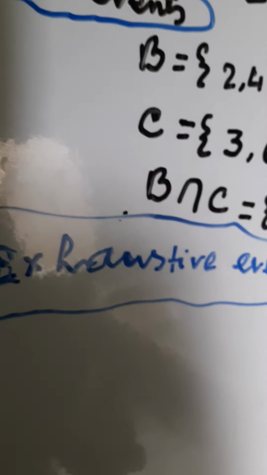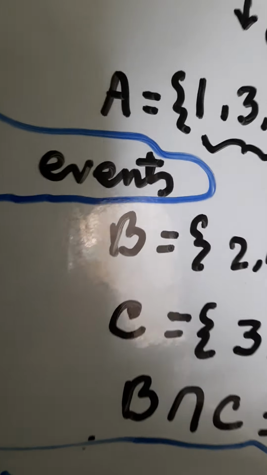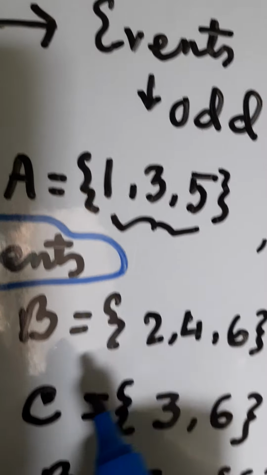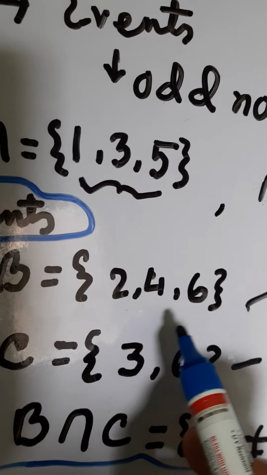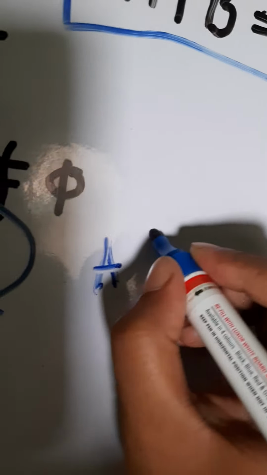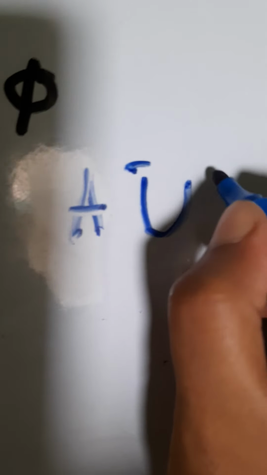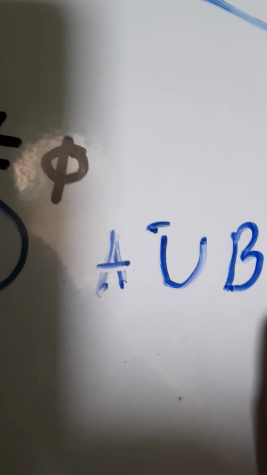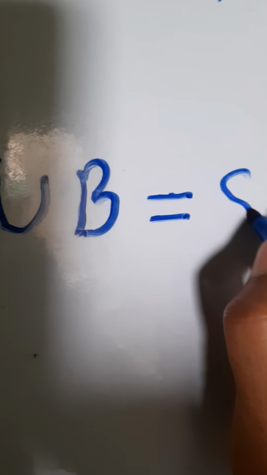Here, for example, take the event A of odd numbers, and B the event of even numbers. So if we take A union B, then what we get? We get the total sample space. Understood? See it again.